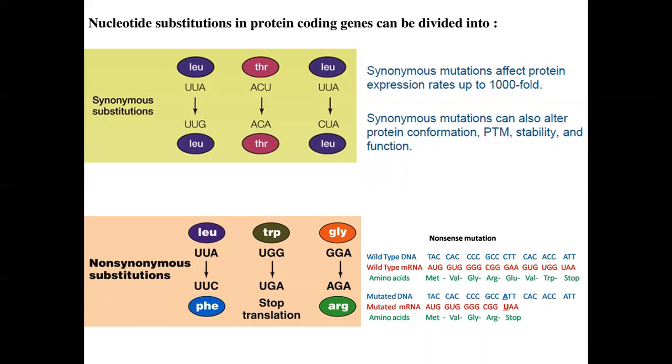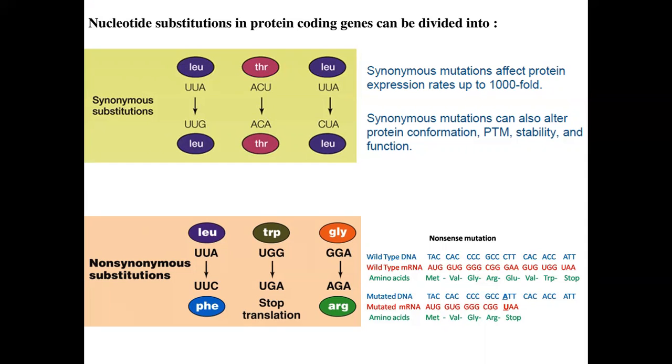So if the amino acid does not change, then the protein is also unaffected. But a synonymous mutation can affect protein expression rates up to 1000-fold. So this is another method of fine-tuning protein expression in bacteria. Synonymous mutations can also alter protein conformation, post-translational modification, protein stability, and function.